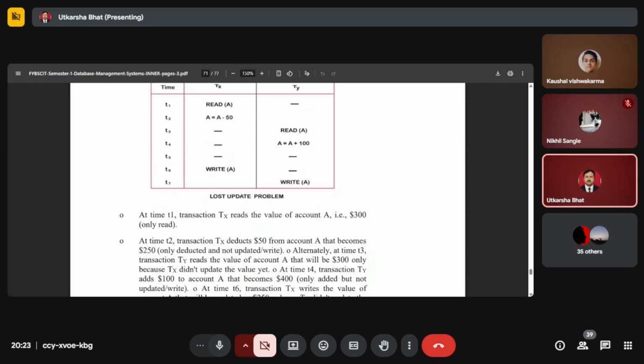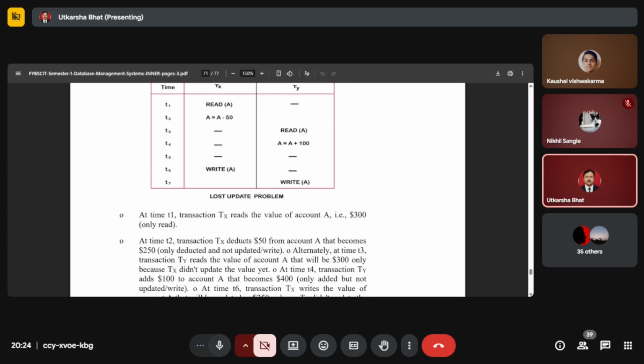At T2, transaction Tx deducts $50 from account A, that becomes $250. So it is only deducted and not updated, right. Here, the write update is done, so that will be $100 only, because Tx did not update the value at the time of T3. It did not update in T3, and at T4 it came back and read again, so read A is 300.